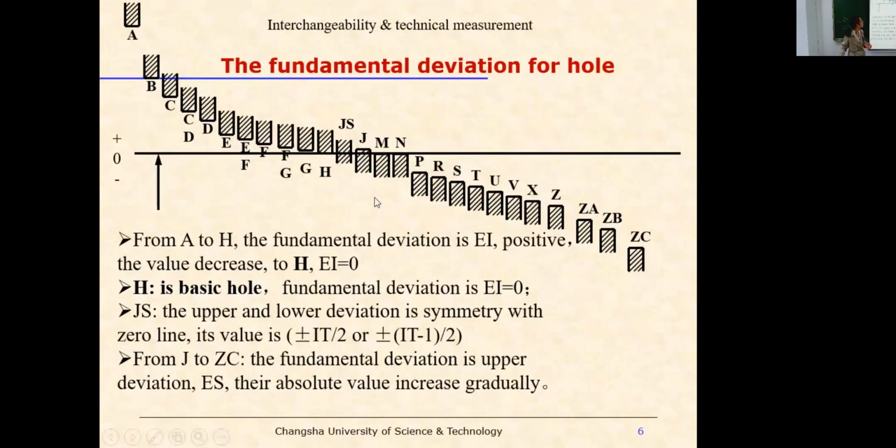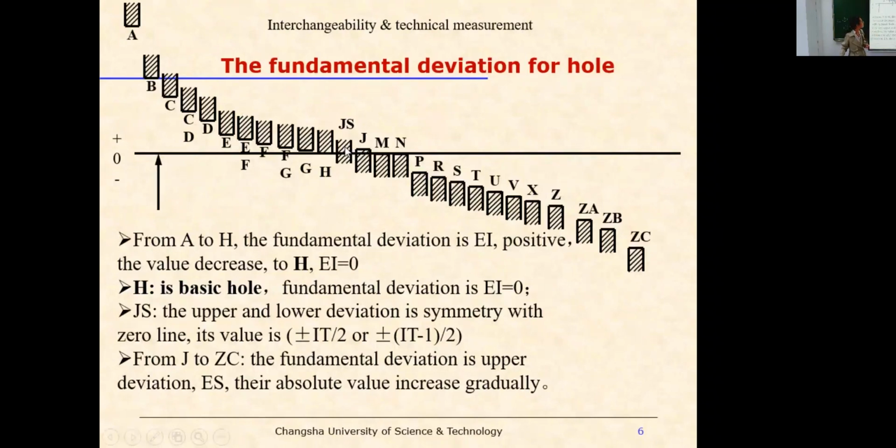So actually, MN is also EI. N, right? So this is the special we learned later. Yeah, it's EI. This is EI. So this is the C method. JS. This one, JS is the symmetry. Yeah, symmetry.